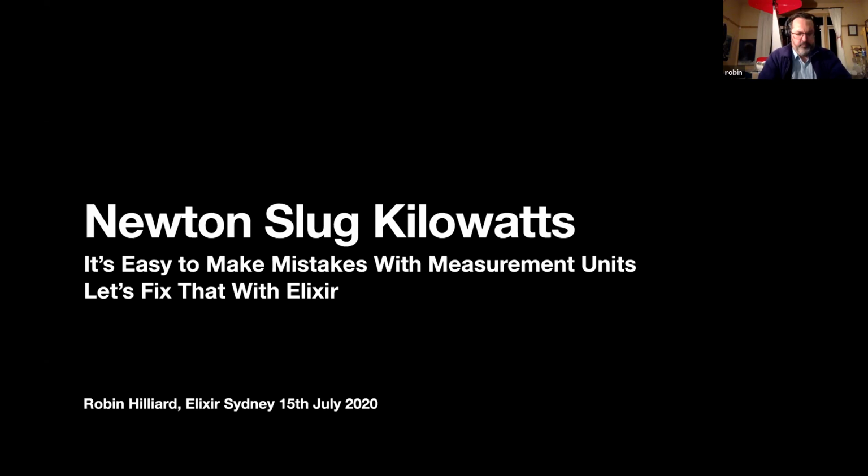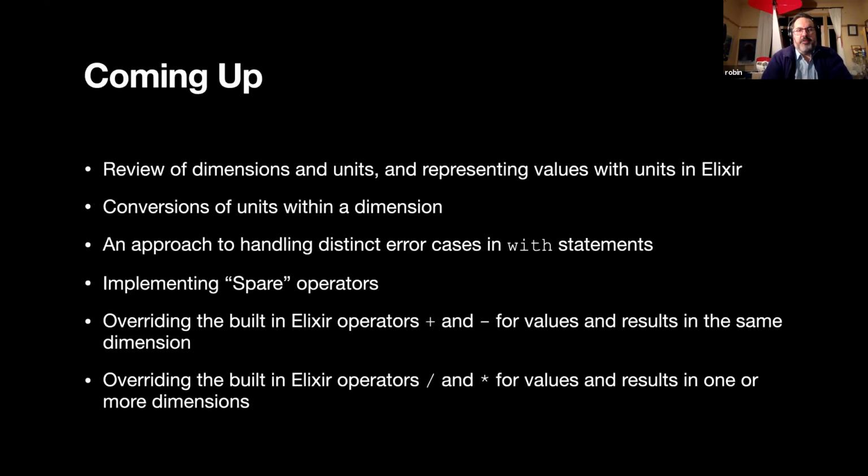So, starting again, here's my cursor, here we are. I'm writing a library to handle units. We're going to talk about a quick reminder of what dimensions and units are, and how I represent them in Elixir, and how we can convert units within a dimension, like change from feet to inches or feet to meters.